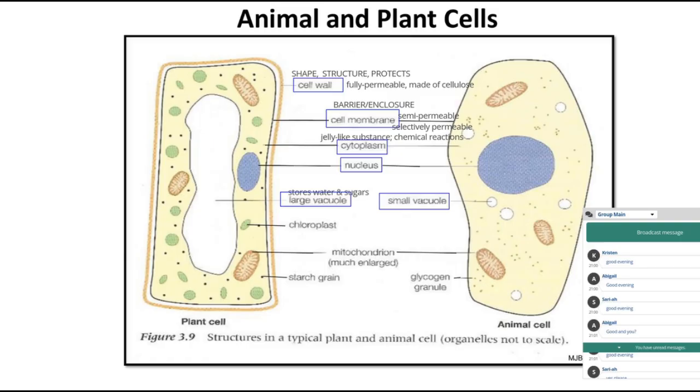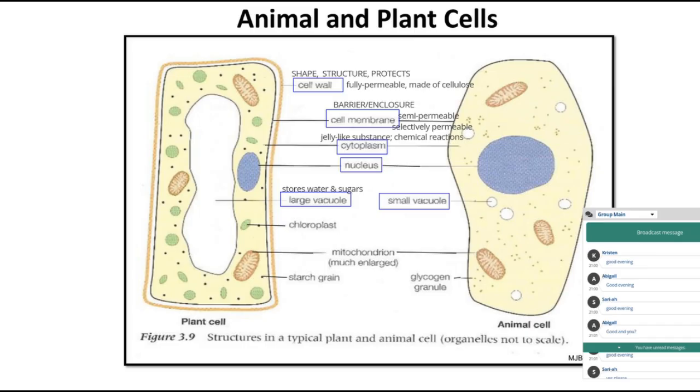Now, on the other hand, the small vacuole in the animal cell, the purpose for it really is to store waste materials that the cell doesn't need anymore before it can get rid of it. So in the video, they mentioned the lysosome. That's one that you don't need to know at this level. And they mentioned how it collects waste and cell debris. Well, these small vacuoles tend to do that to some extent too.